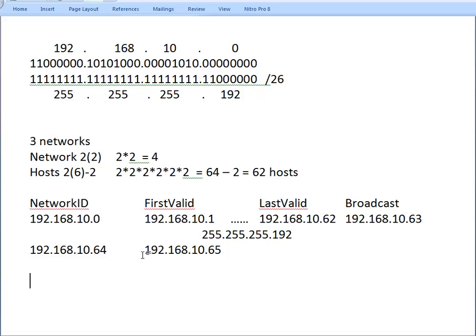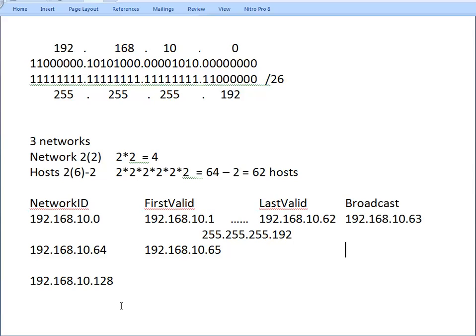We look again at where the separation is happening. Since it's happening on the 4th octet, and this bit is representing 64, we have to increment by 64. So 192.168.10.64 plus 64 on the fourth octet is 128.